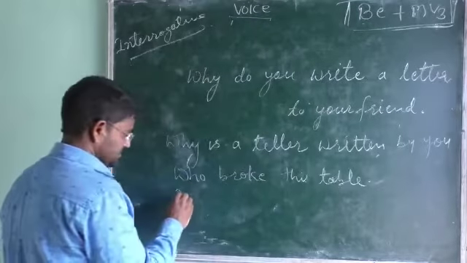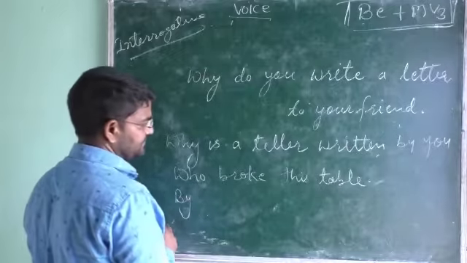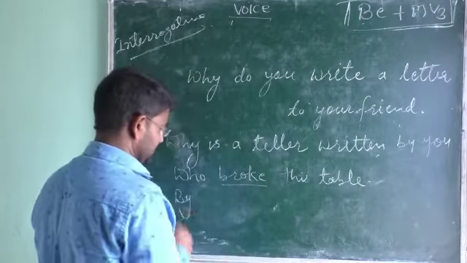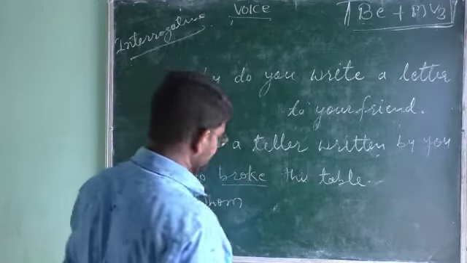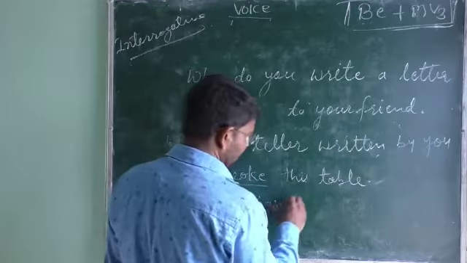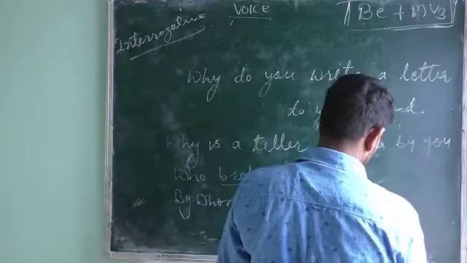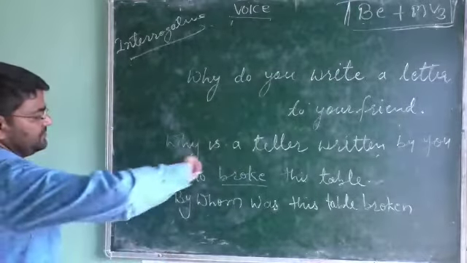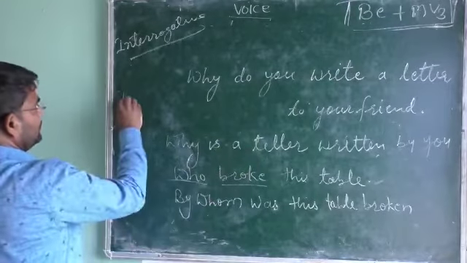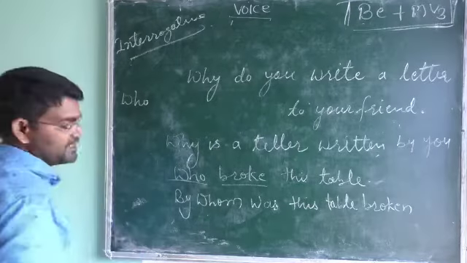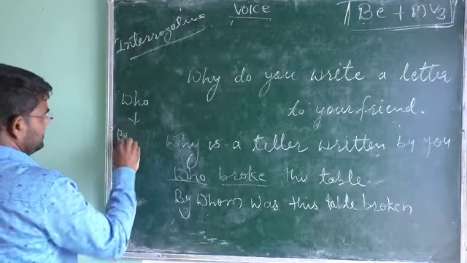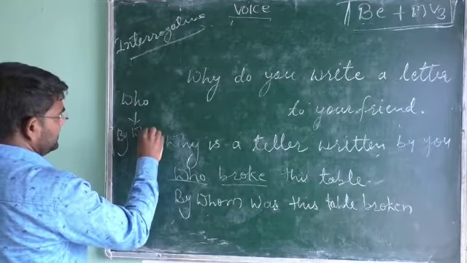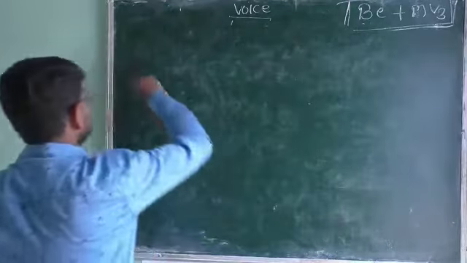Change it: by whom. The second form: by whom was this table broken? Here the condition is that if the WH word who comes in the given sentence, then we change it into by whom.